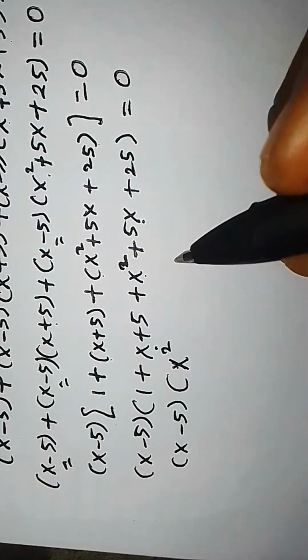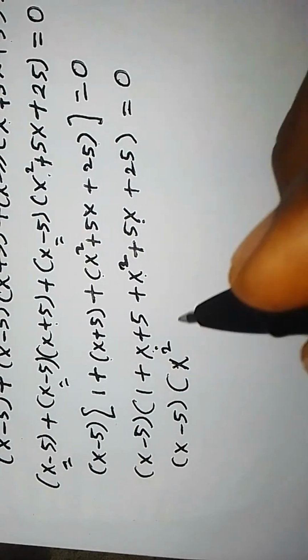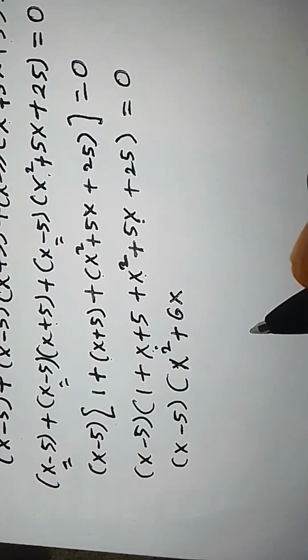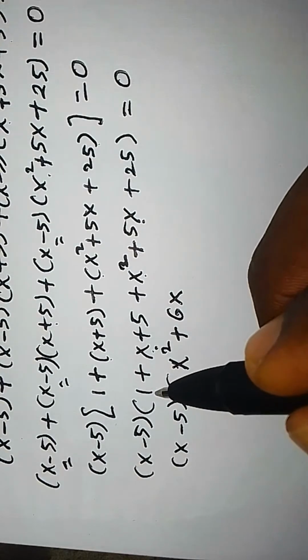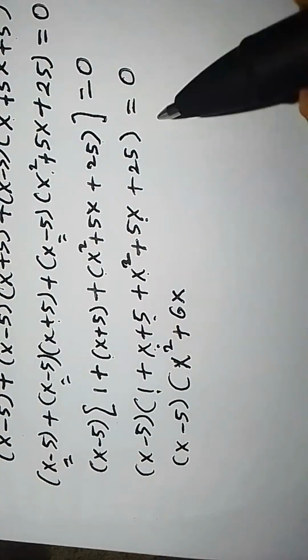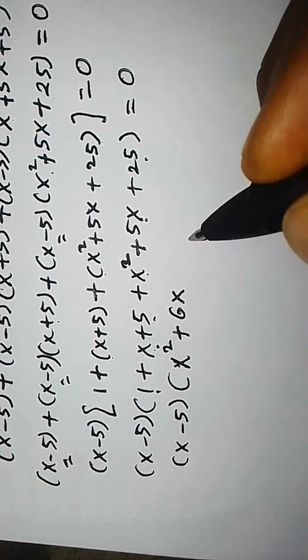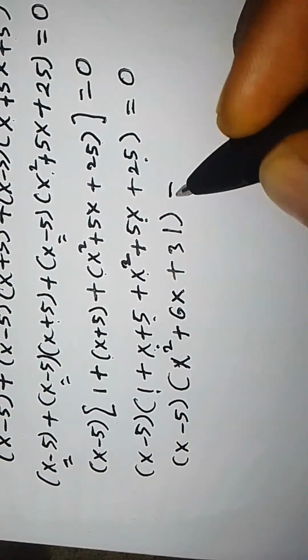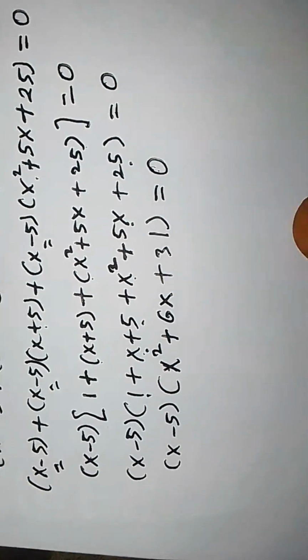So let us add the common terms. x plus 5x, that is 6x. And let us add the constants: 1 plus 5, that is 6, plus 25, that is 31, plus 31 equal to 0. Let's proceed further.